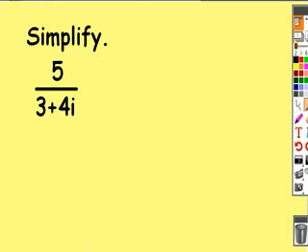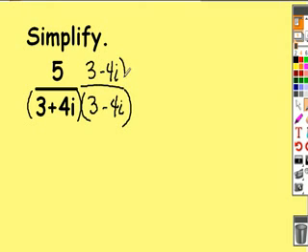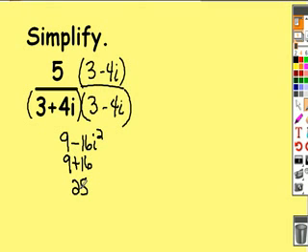Now, if you have a complex number in the denominator, you need to multiply by the complex conjugate.